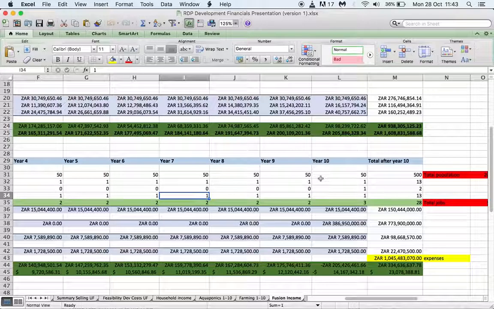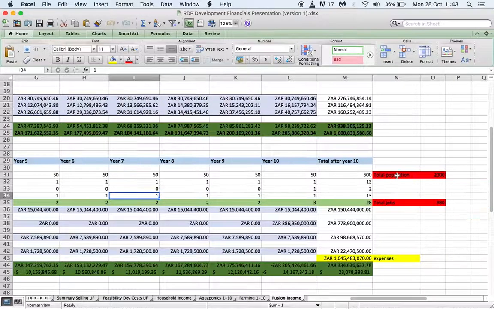Then you look at a 10-year period, where you started off with 100 homes, and now you end up with 500 homes. And the same with the work facilities, the farm, and the aquaponics farm. They just increase in number. The good thing is that after the initial investment, you don't invest more. You generate income from that investment, and then reinvest that income into the project, and it grows. So that's a 10-year phase.